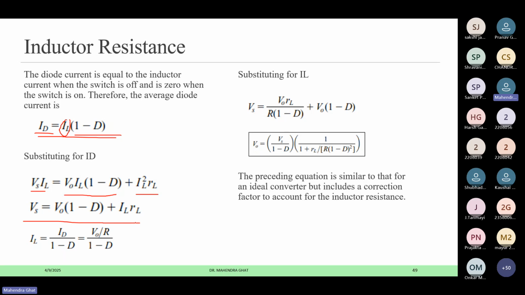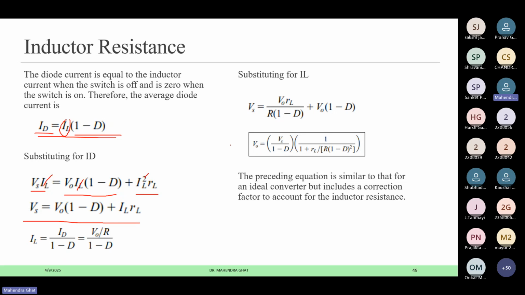Here the IL gets cancelled, so VS is equal to VO into 1 minus D plus IL into RL. IL is ID by 1 minus D, and ID is VO by R. Substituting for IL, you get VS equal to VO RL divided by R into 1 minus D, plus VO into 1 minus D.